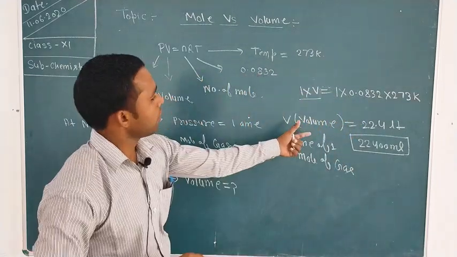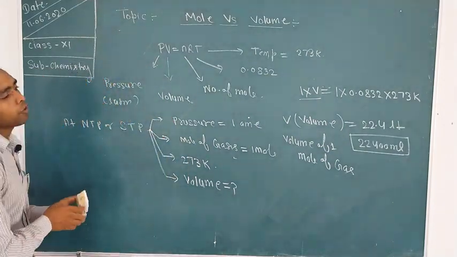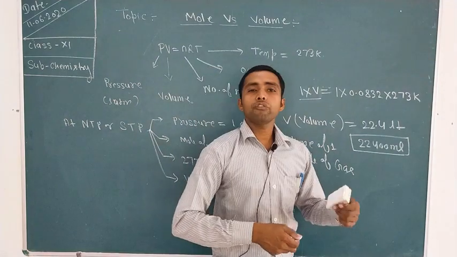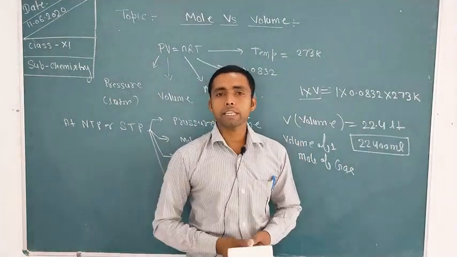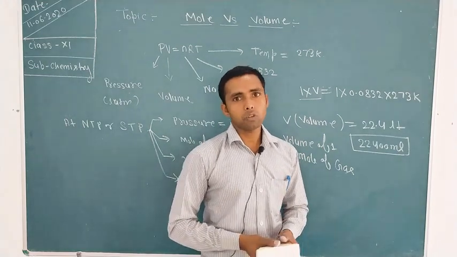So it is our basic concept, but here I try to derive a new formula by using this concept. This is the volume for 1 mole of gas. Suppose n moles of gas are given, or x moles of gas are given, then what do we do?